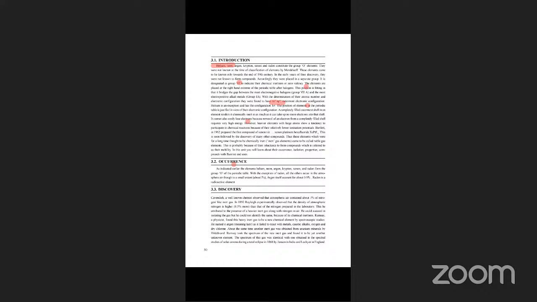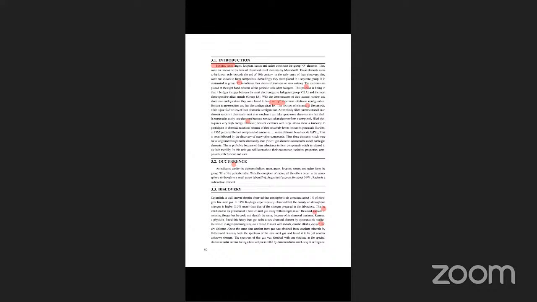He succeeded in isolating the gas, but could not identify it because of its chemical inertness. Ramsay, a physicist, found this heavy inert gas to be a new chemical element by spectroscopic studies. He named it argon, meaning lazy, as it failed to react with metals, caustic alkalis, oxygen, and dry chlorine.